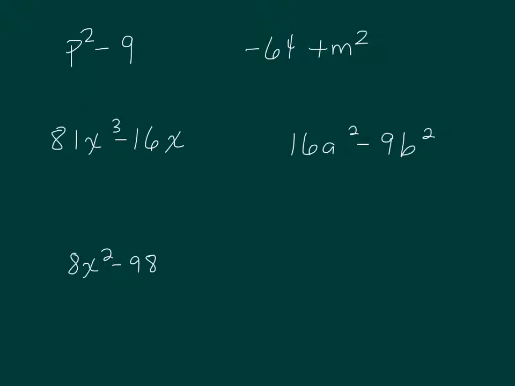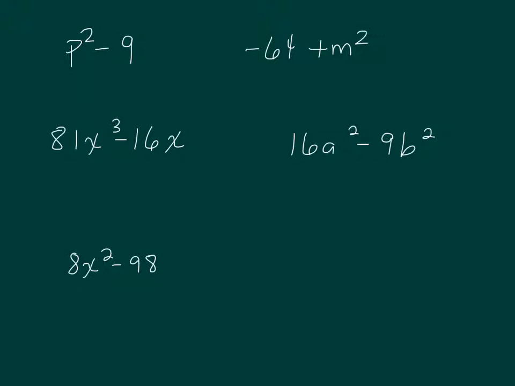Okay, I hope that you have worked on these. If you still need extra time, go ahead and pause the video again and then work some more, and then we'll work on them. But we're going to start looking at the answers now. So in this case, I have p squared minus 9. It's a difference. It's a binomial, so there's nothing in common.